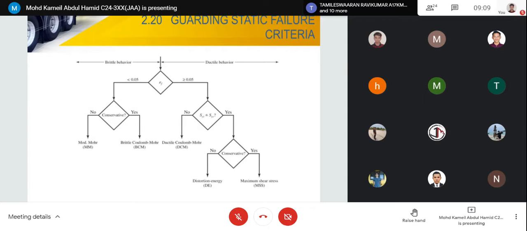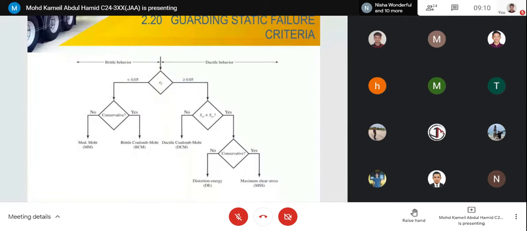Brittle behavior: a strain equal or greater than 0.05 is considered ductile behavior. Less than 0.05 is going to be brittle. And then they have different related theories.